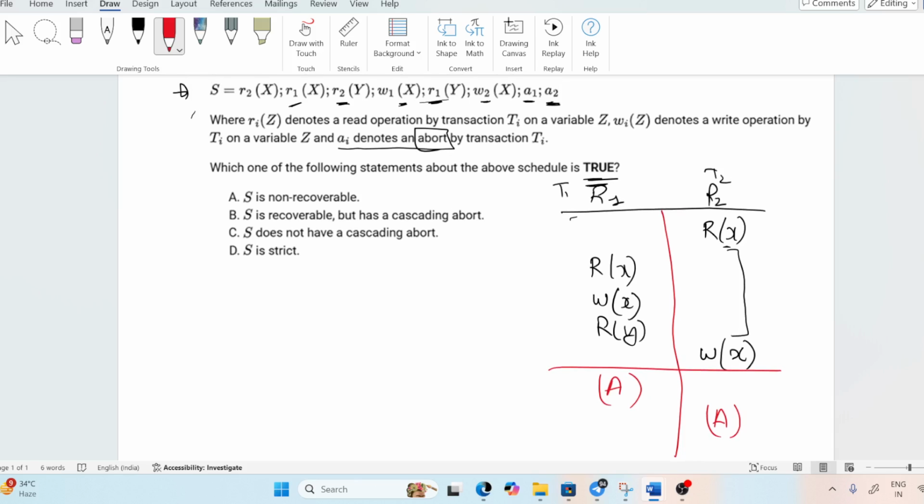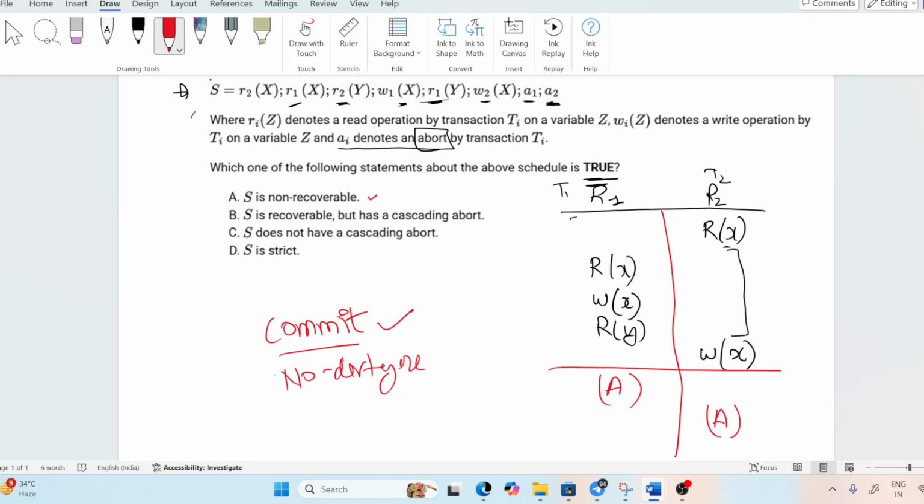Now let's check whether this schedule is recoverable or not. For a recoverable schedule, either there should be a commit, or there should be no dirty read.